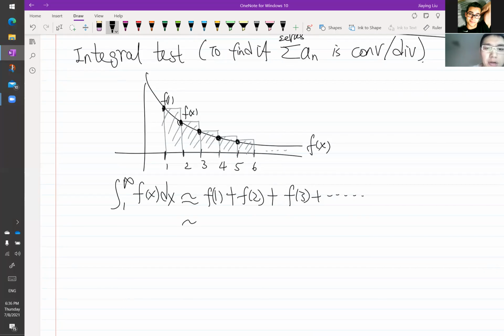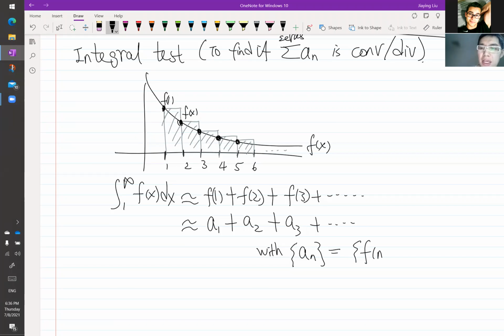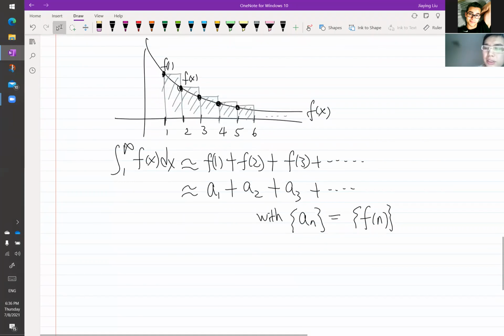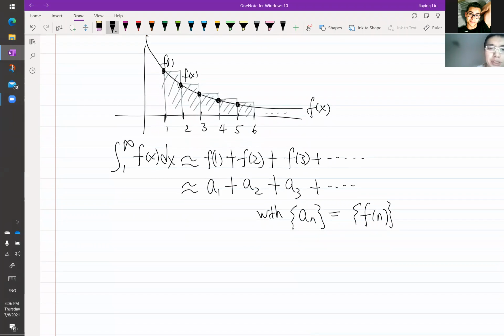Then we can say the integral is approximated by a1 plus a2 plus a3, and so on, with the sequence an being f of n, the y value at those integers. And this is just a series, the series an going from 1 to infinity.